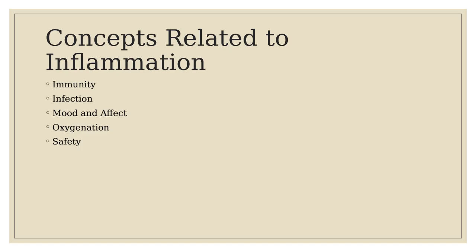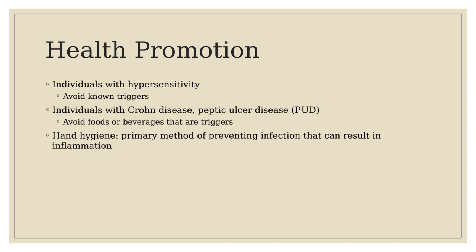Mood and affect, when someone has chronic illnesses, increases depression and anxiety risk factors. Oxygenation with COPD, again, part of Maslow's airway, breathing, circulation. And safety, increased falls, increased breaking of hips, increases morbidity and death rates in women and men before the age of 60.